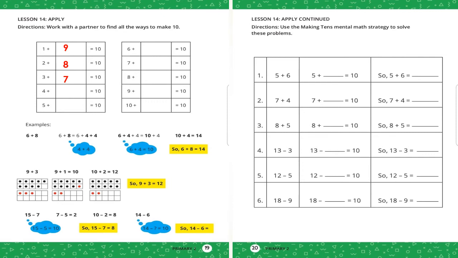Okay? Lesson 14, the second part. Use the making 10 mental math strategy to solve these problems. The first problem, 5 plus 6. First, look at 5. 5 is strong or weak? 5 is very weak. It needs to be strong like Mr. 10, our superhero. So, 5 needs what to be 10?